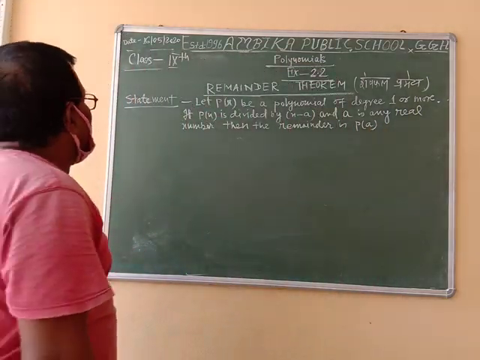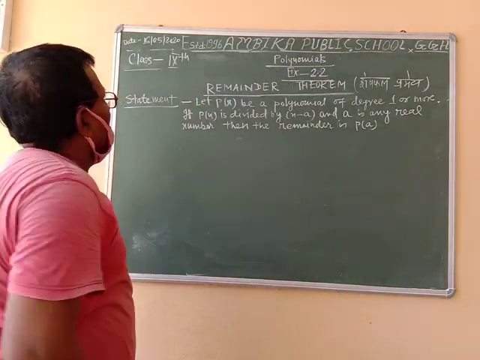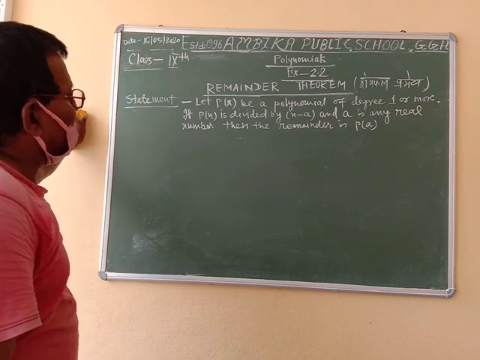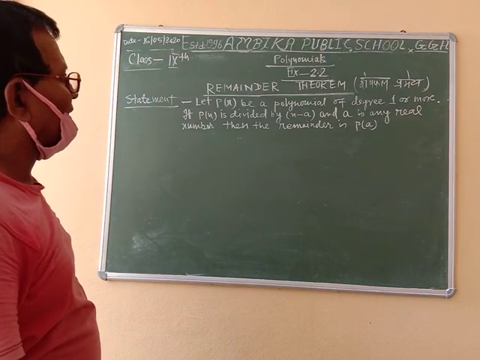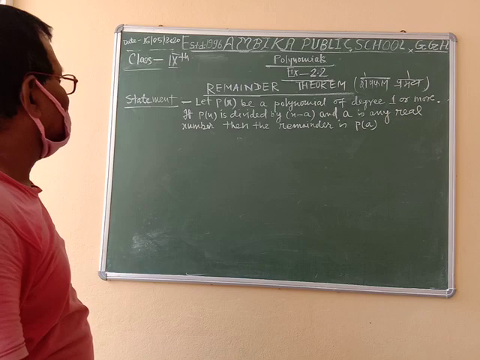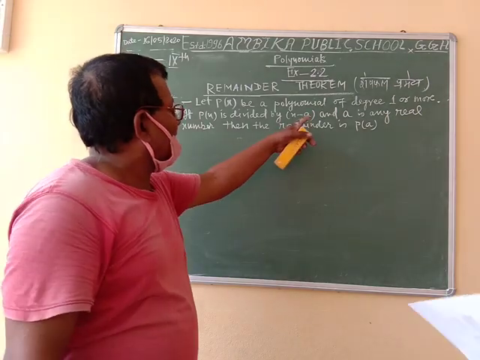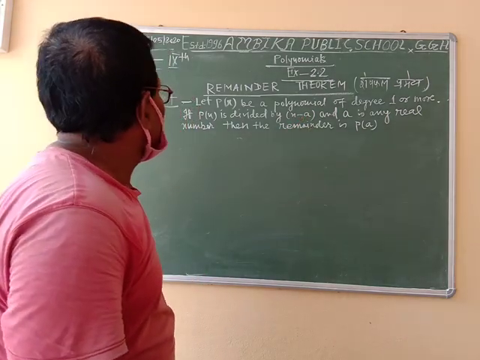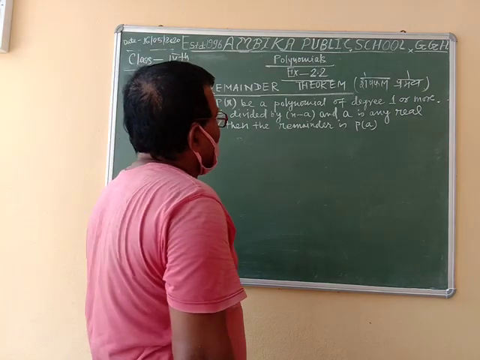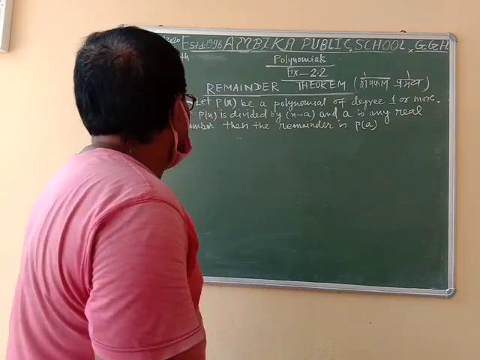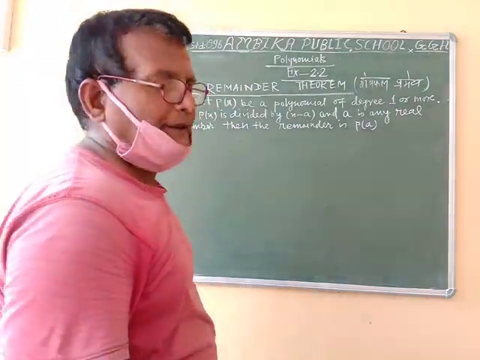This is the statement of remainder theorem. Let p(x) be a polynomial of degree 1 or more, if p(x) is divided by x minus a and a is any real number, then the remainder is p(a).